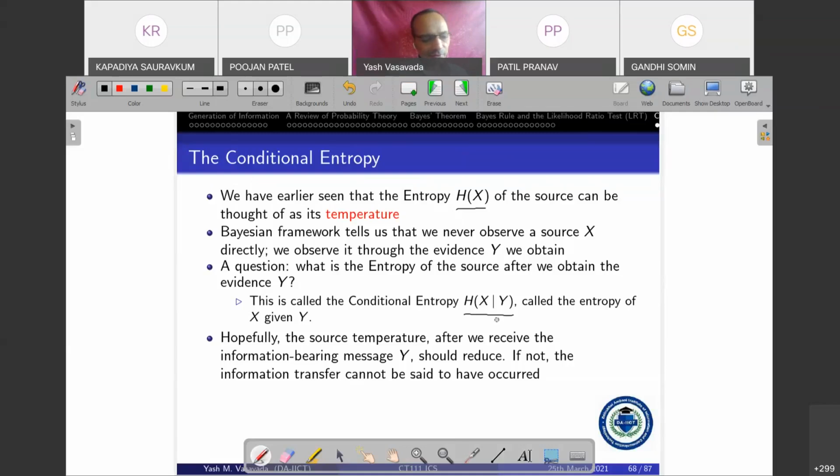And remember, the way we are thinking of the source is like atoms vibrating in a closed container. So this is now a really very elegant way of defining the information that we are getting. And that has to do with this notion of conditional entropy. What is the entropy of the source after you get a particular measurement?